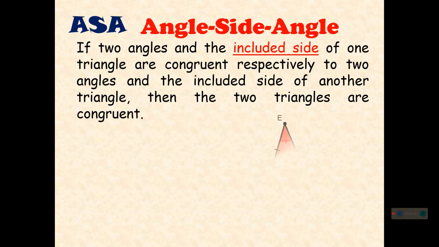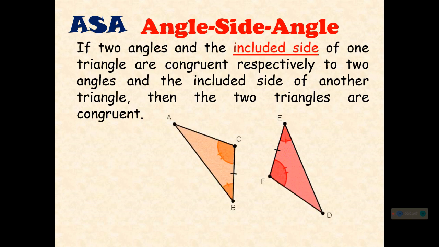For our example, let us have this figure. As you have seen, we have two marks on the two angles and on the included side. So we have here angle side angle, and on the other triangle, we also have the angle side angle. That's why this is an example of ASA congruence postulate.